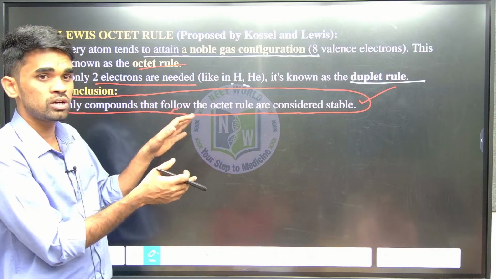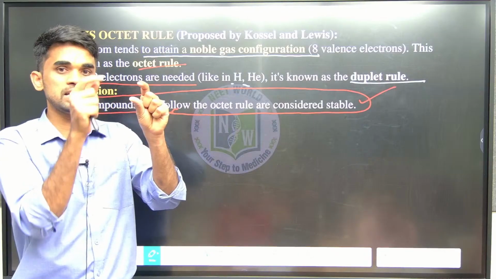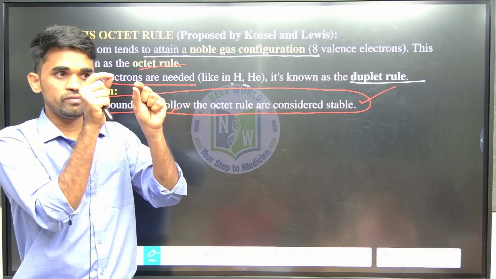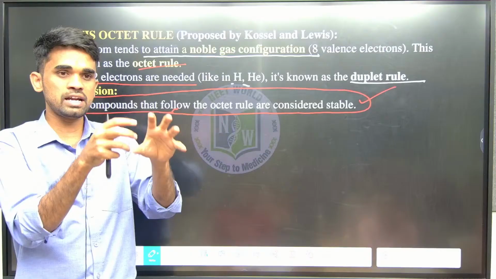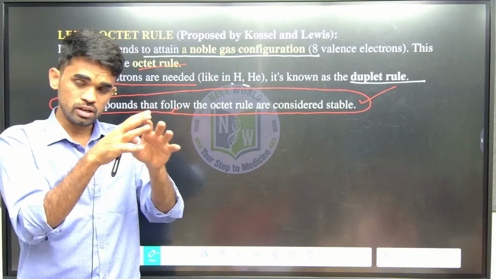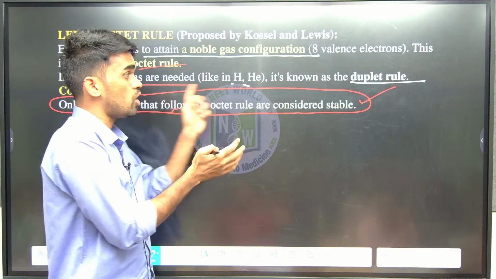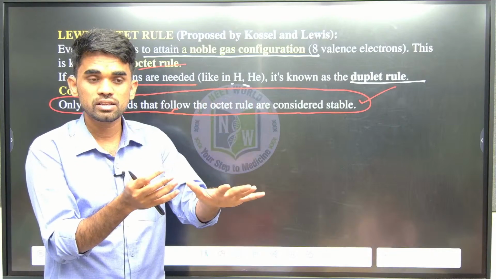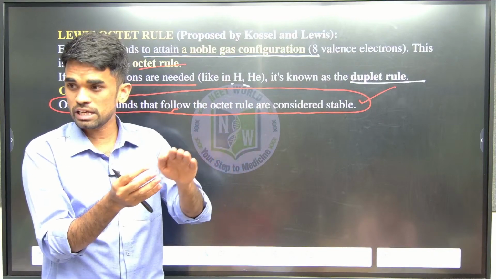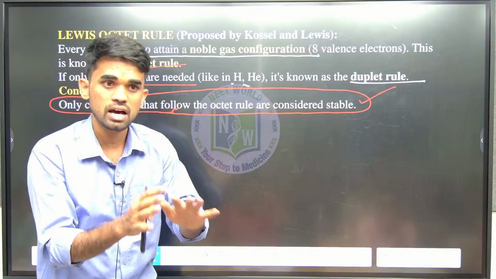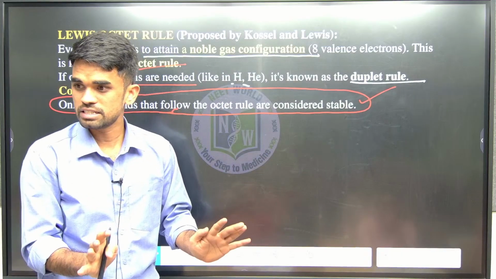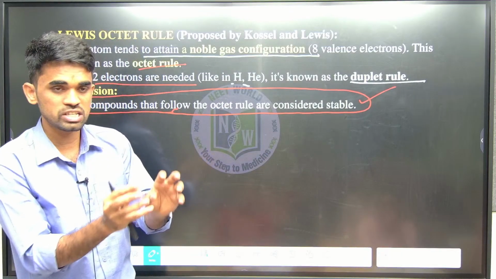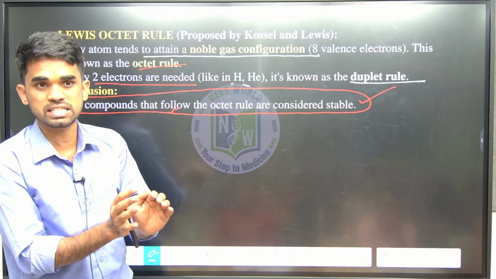So what he said is, I will consider the valency electrons as dots, and when the dots of one atom and the other atom complete the octet configuration, then it will be stable. If it is not equal to octet configuration, it is unstable. The basic consideration is acceptable to some extent.